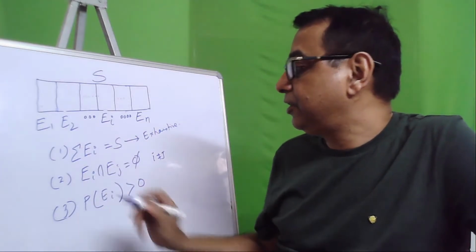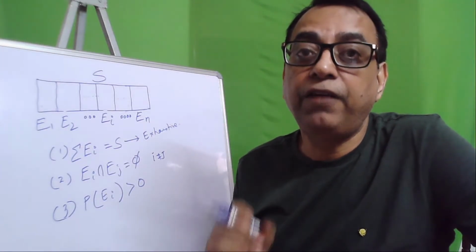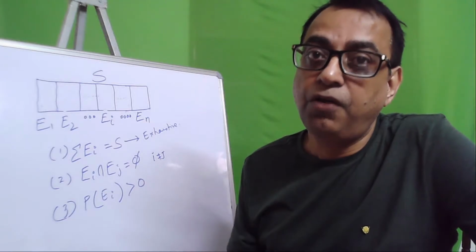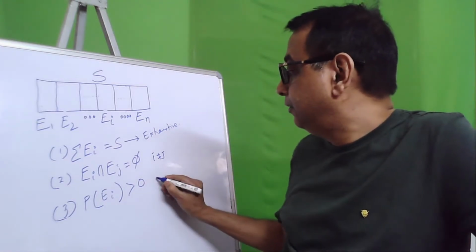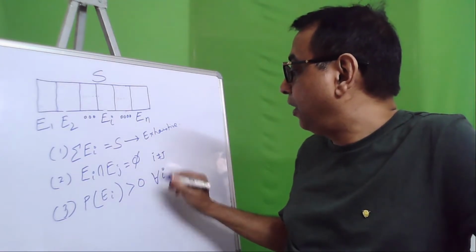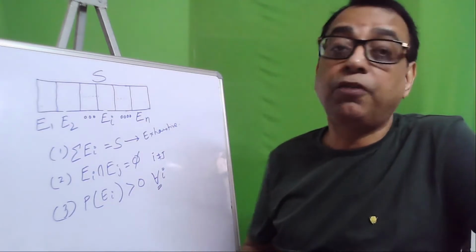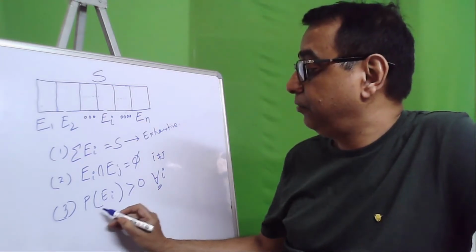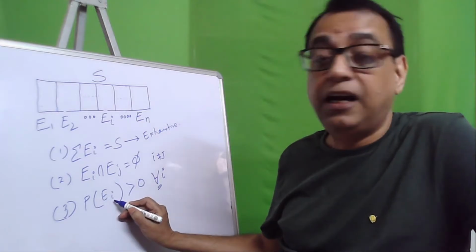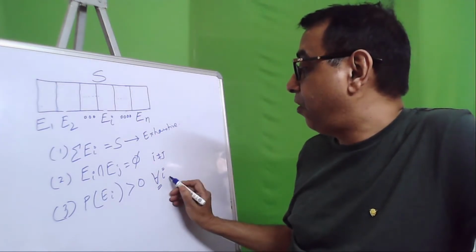And the third condition is that the probability of any event is more than 0 for all i. This is the symbol for all i. So this is the way we write probability Ei greater than 0 for all i.